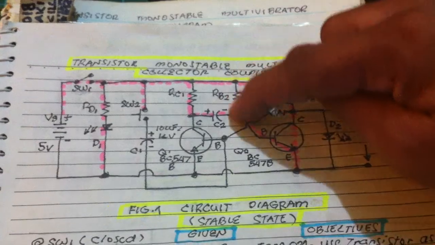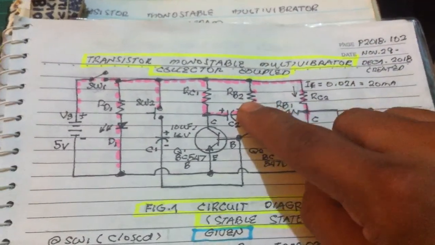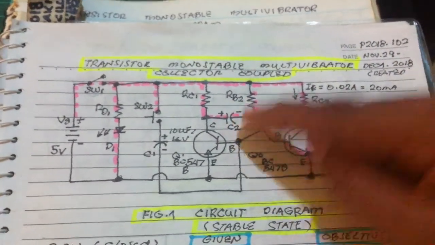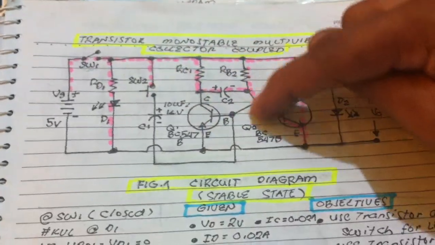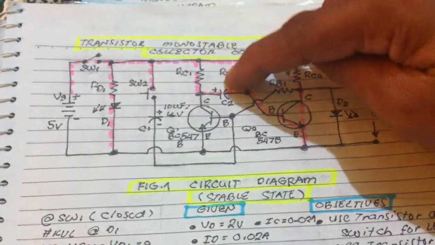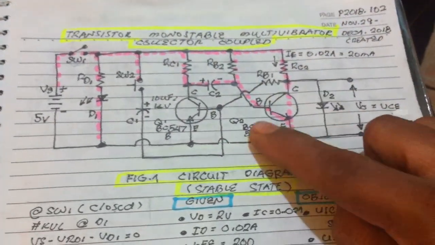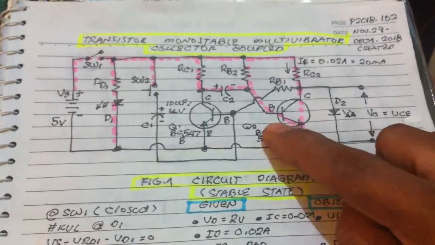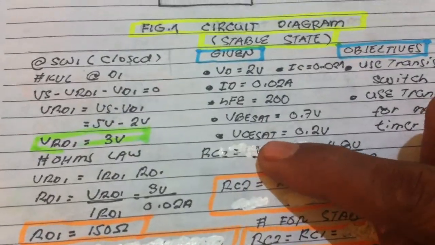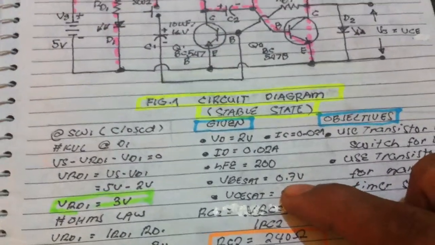Since the current flows into the base, we can compute the voltage drop across RB2 using KVL. Voltage supply minus VRB2 minus VBE at saturation, which is equal to 0.7 volts.